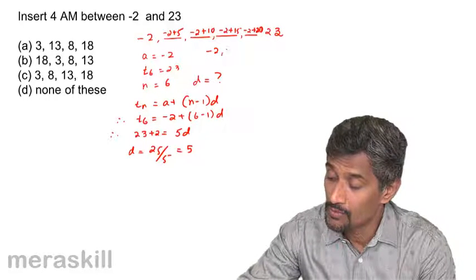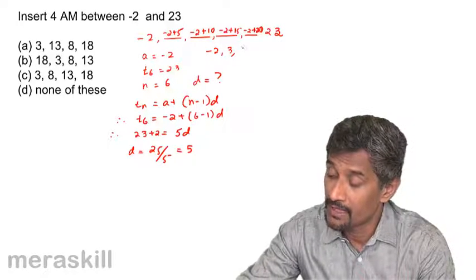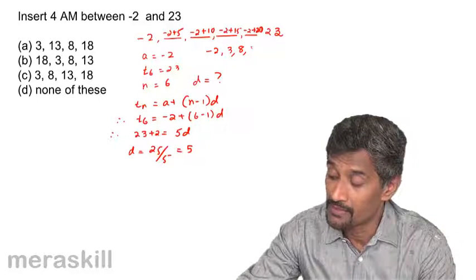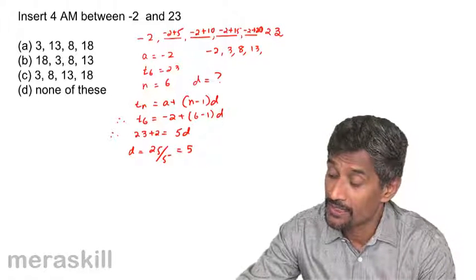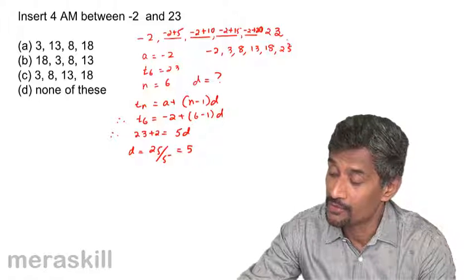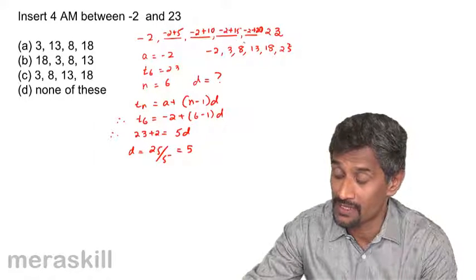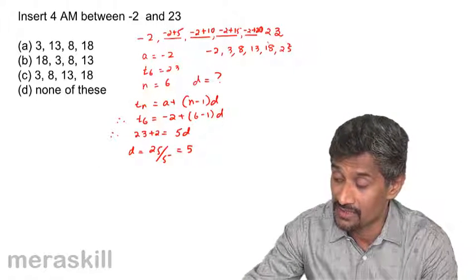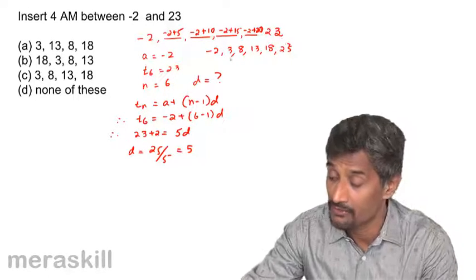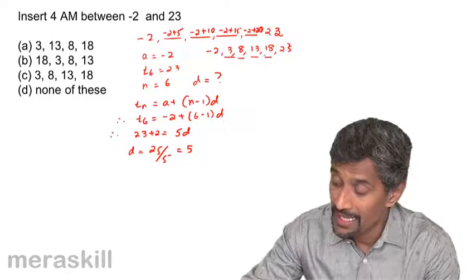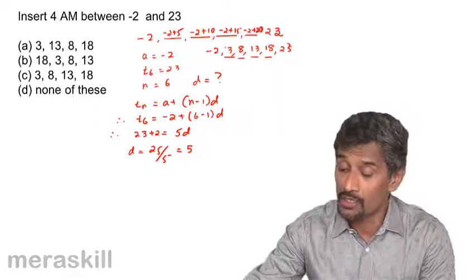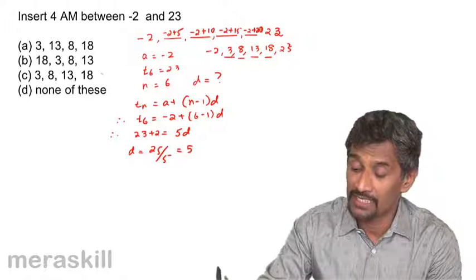Minus 2, 3, 10 minus 2, 8, 15 minus 2, 13, 20 minus 2, 18, and then 23. We observe that each time 5 is added: minus 2 plus 5 is 3, 3 plus 5, 8, 8 plus 5, 13, 13 plus 5, 18, 18 plus 5, 23. So the 4 arithmetic means taken in order are 3, 8, 13, and 18.